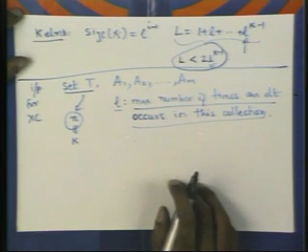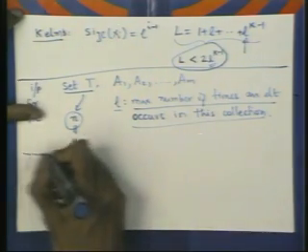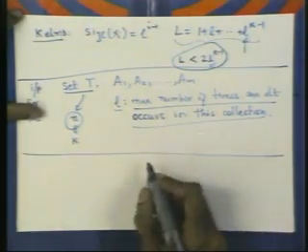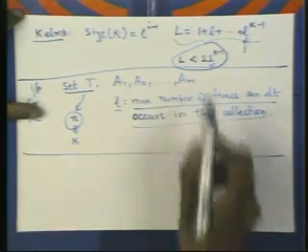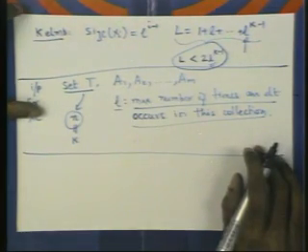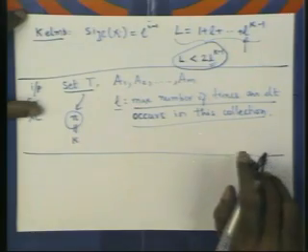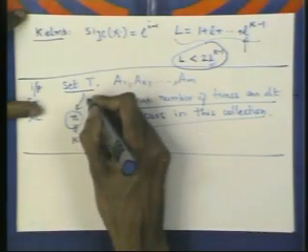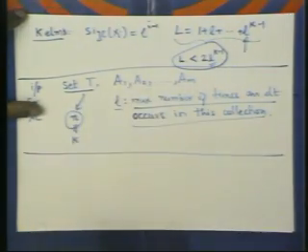Then how do we fix the sizes? The question is, how do we fix the sizes of each of these subsets? What we do is we fix the size of the elements first.